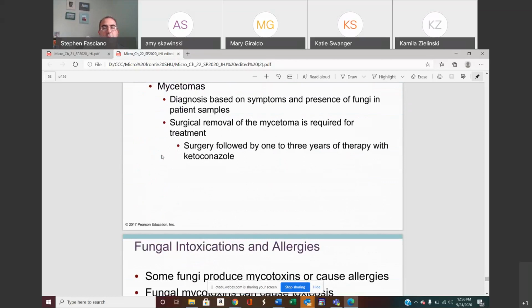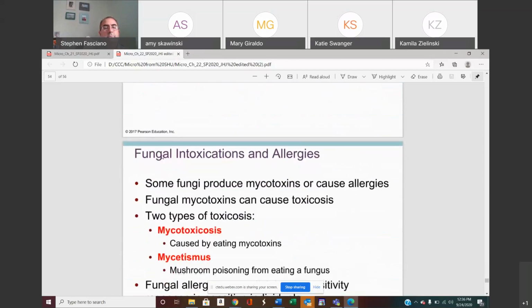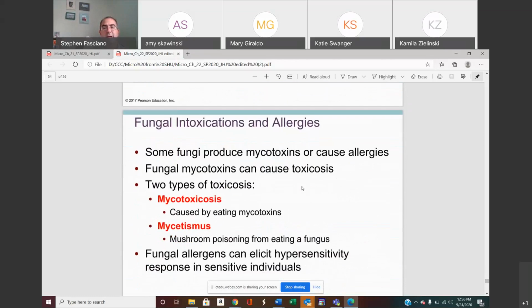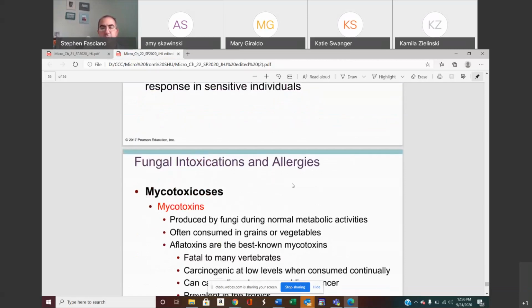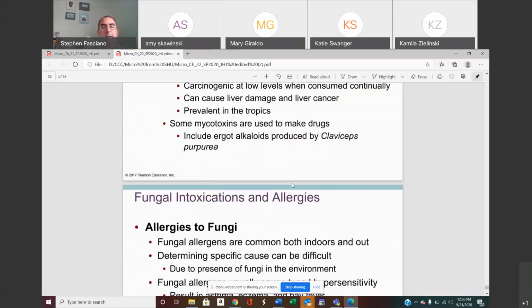Surgical removal is usually required for treatment. And then there are some fungi that produce toxins that cause allergies. Like we talked about, the mushrooms can produce toxins. You can get toxicosis. From mushrooms, you can eat a mushroom and get mushroom poisoning. That's usually what these toxins are from, eating these fungi.